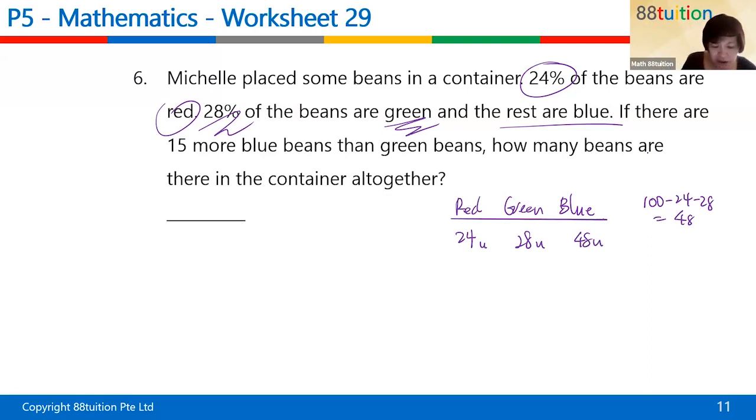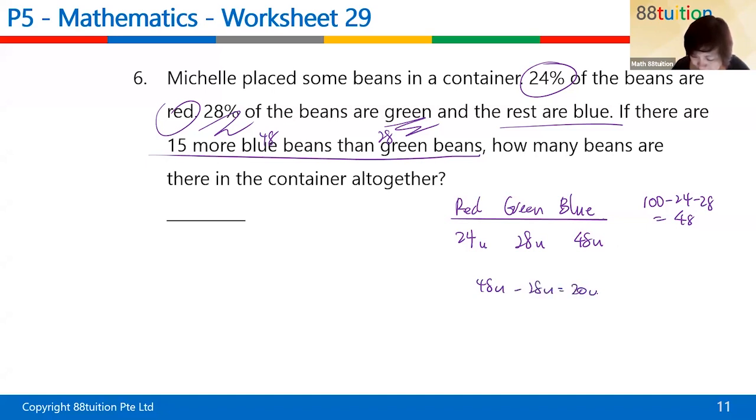Okay, so he's doing comparison with blue and green. Blue is 48, right? Green will be 28. So there will be a difference of 20 units. Okay. So for these 20 units, you will get 15. And he's asking you for how many in a container. You just need to find 100 units.